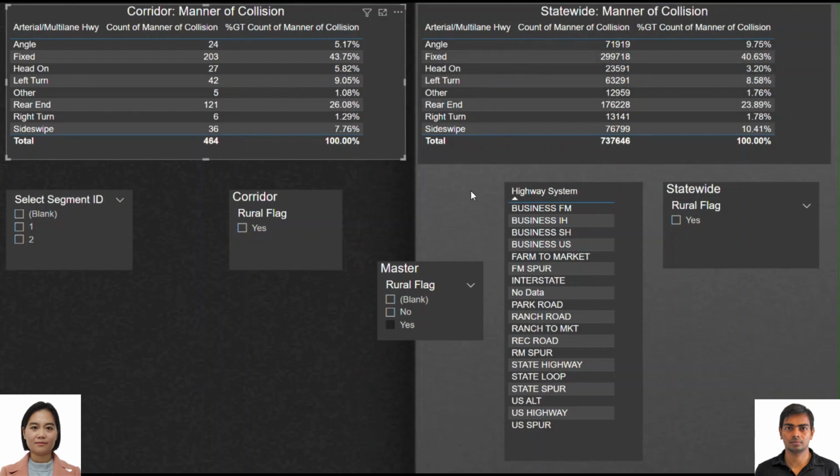For the person attributes, we can do the exact same thing, but instead of using the highway system, we can use the locality. Let's say this lies in some district, let's say district 2. Then we can bring in the statewide data and select district 2 to figure out all the crash patterns within district 2. So this is how with advanced dashboards we can have some more in-depth analysis.